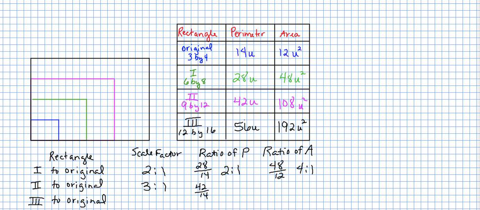And that's going to be 3 to 1. And then the ratio of the areas, that's going to be 108 to 12. So that's going to give me 9 to 1.